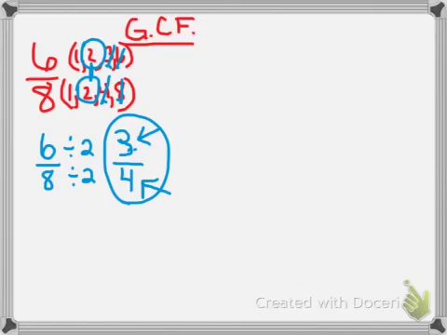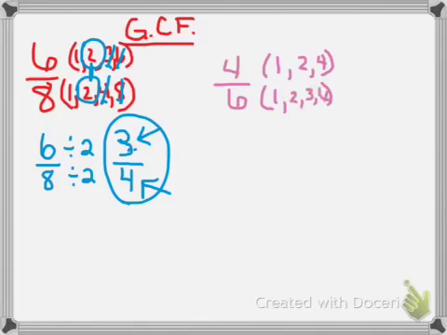So let's try another example. Let's go with 4/6. So I'm going to list out the factors of both numbers. Once again, 1 times 4 is 4 and 2 times 2 is 4. We only have to list that one once. Then I'm going to list my 6 factors again. And I'm going to find the greatest common factor they both share.